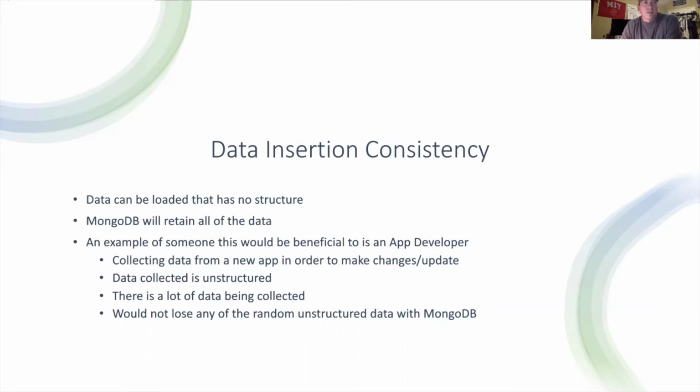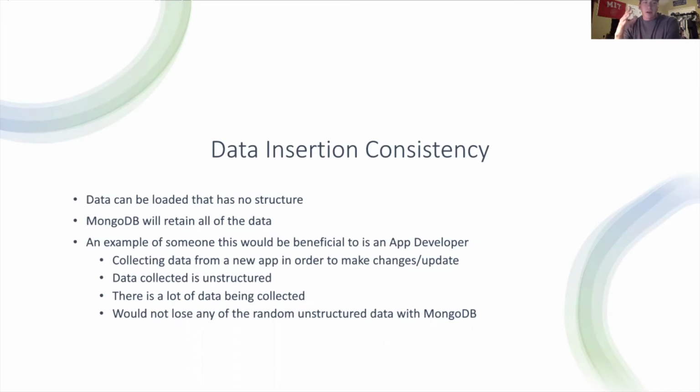An example of someone this would be very beneficial to is an app developer. Say you build a new app, it's your first version, and you want to pull a bunch of data, but you don't really know what you're going to need yet. It would be beneficial to hold all of that data in a NoSQL database like MongoDB, where you don't need a predefined structure, and you can grab all the data you want and store it.